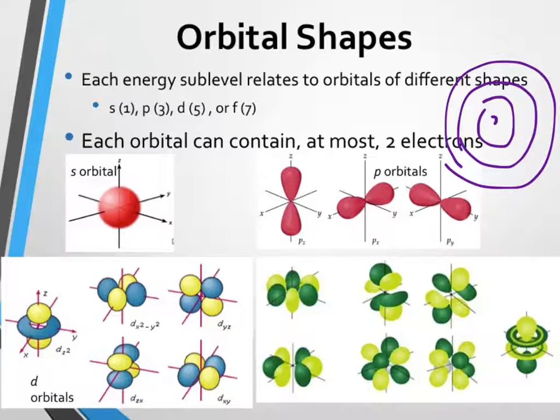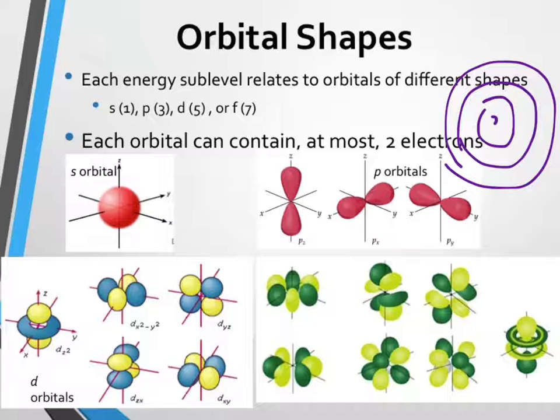Each suborbital can hold 2 electrons. So each S suborbital can hold 2 electrons. So you have an electron here and an electron there, going around.